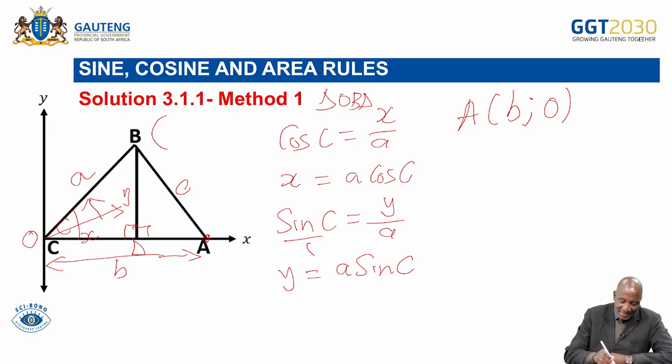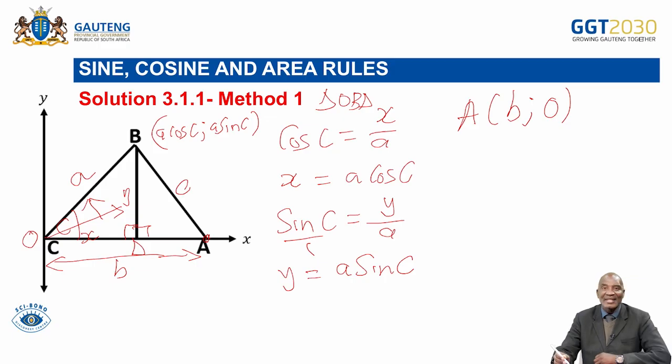So X at B is A cos C and Y at B is A sine C. Those are the coordinates that I'm interested in. We have found those coordinates. So it means we now sit with two coordinates.